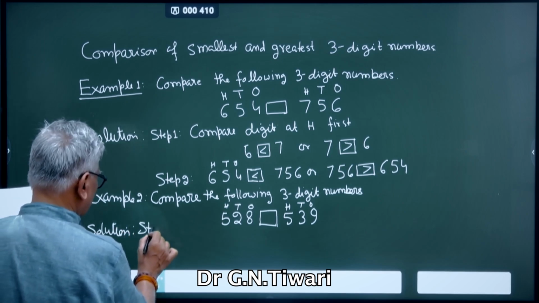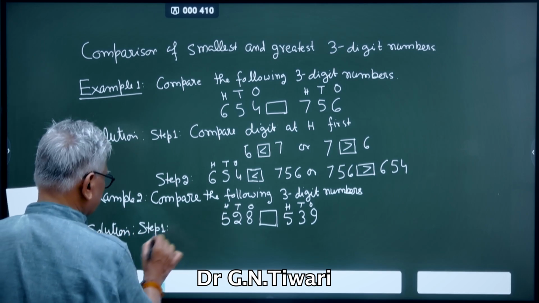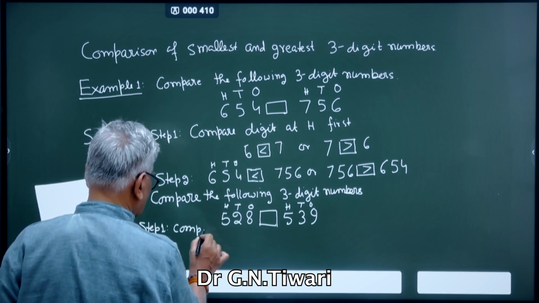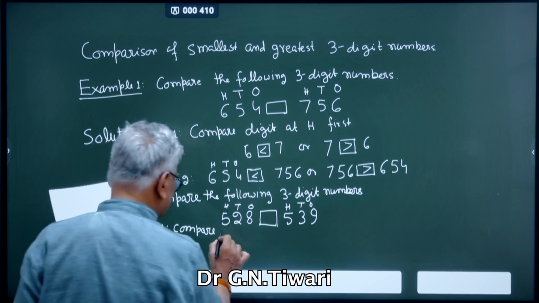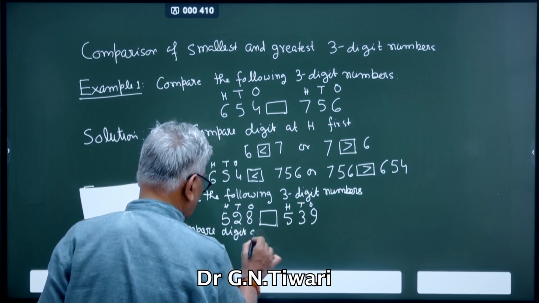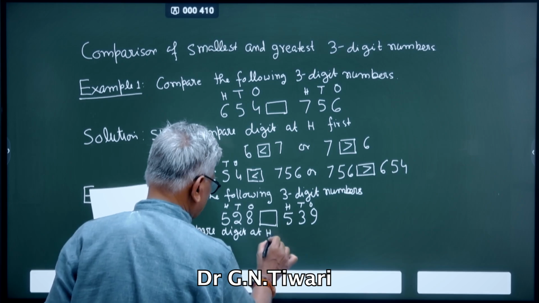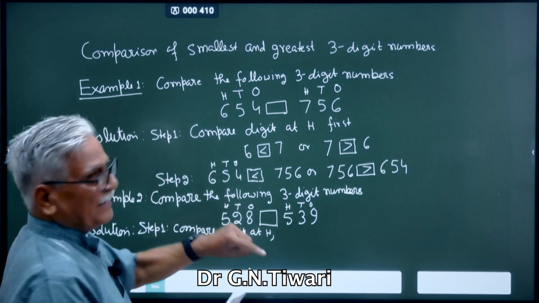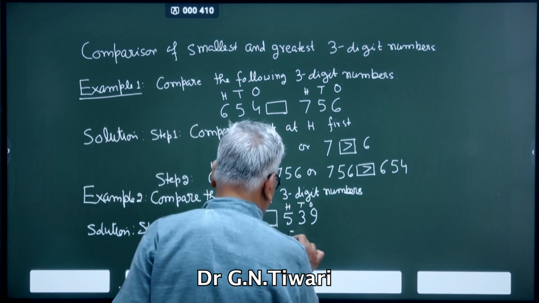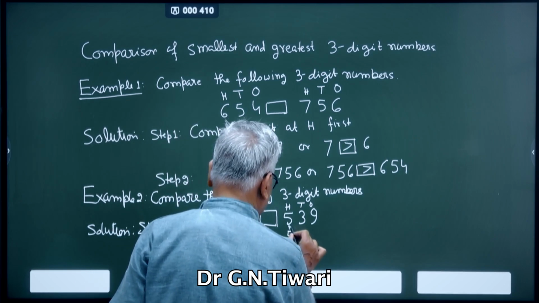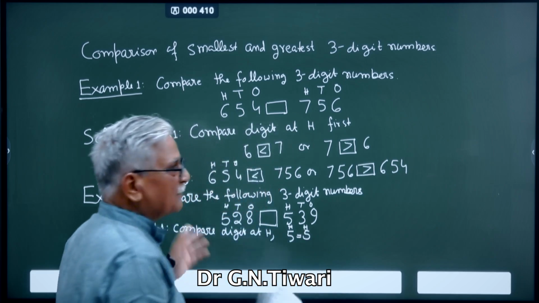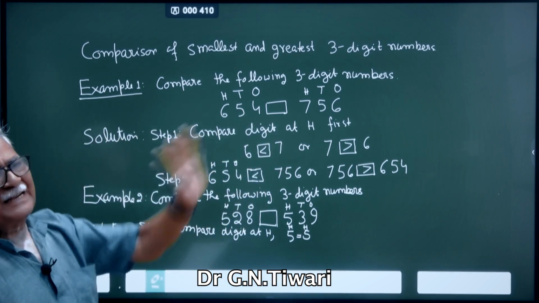Step 1, compare digit at H. 5, 5. So what you have got, that the 5 which is H is equal to 5H. On both sides 5 are the same.